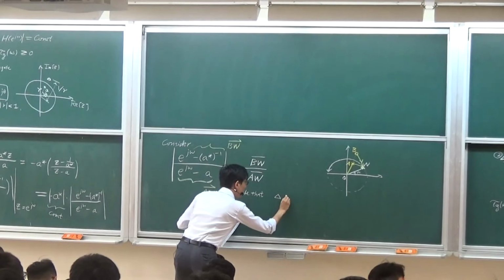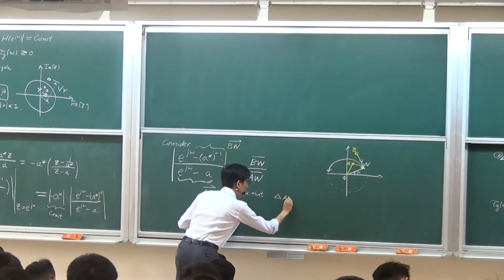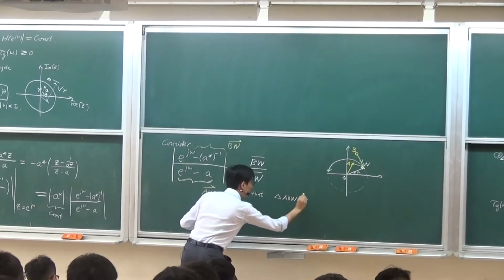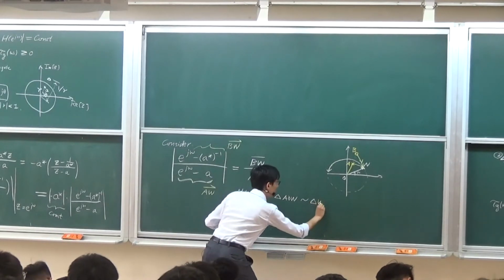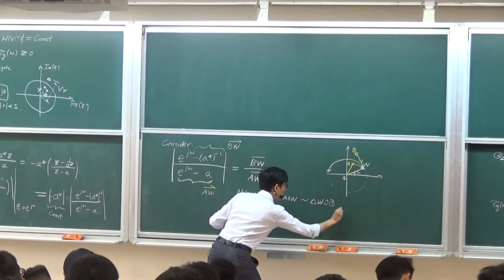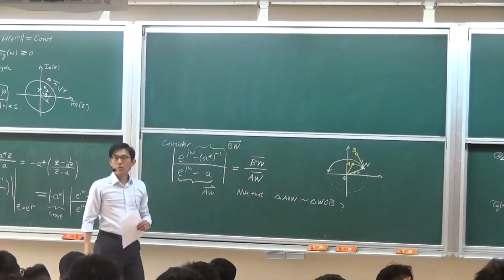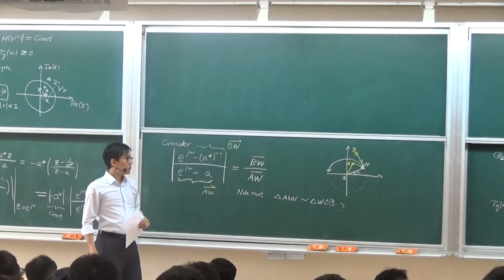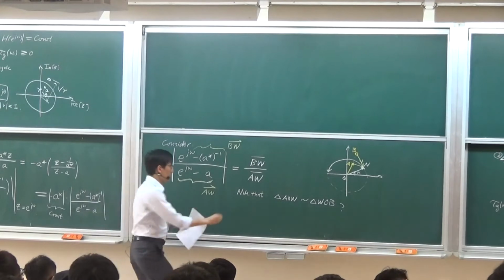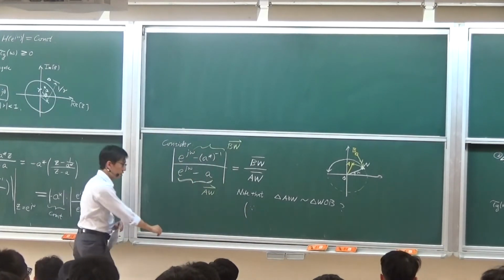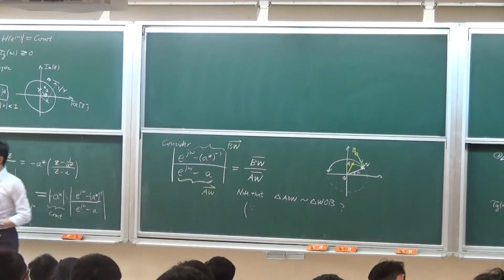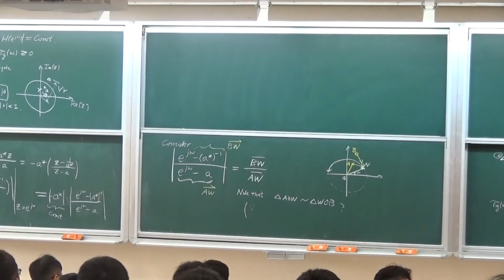The triangle AOW is similar to the triangle WOB. Why is it so? Why are they similar?